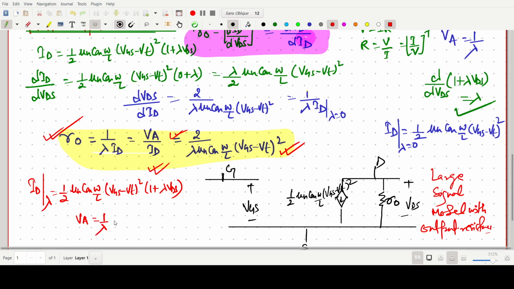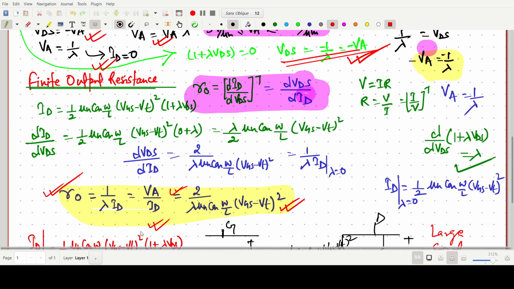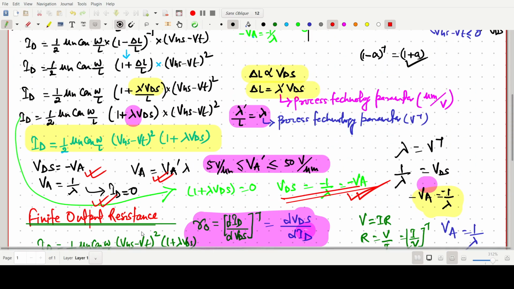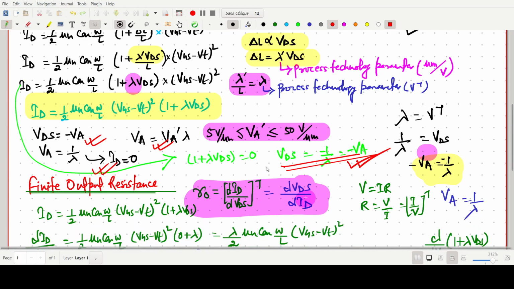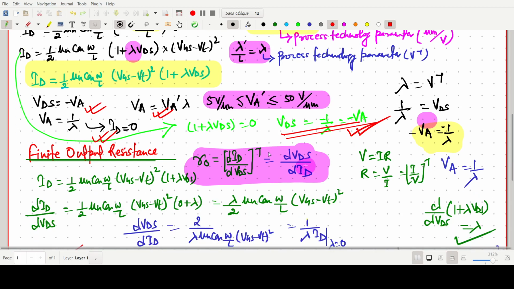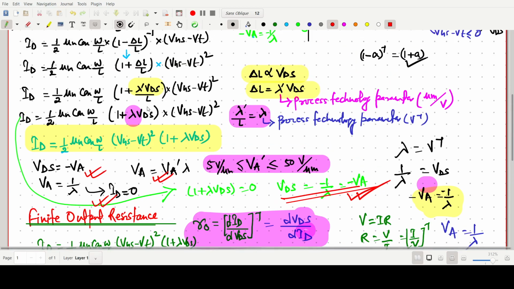This one is sometimes also called the early effect. So basically this formula is also important. One expression we also have is VA equals VA dash into L. From here, VA dash equals VA by L. This is also important, because initially we have lambda as 1 by VA, so lambda dash by L is nothing but simply 1 by VA.